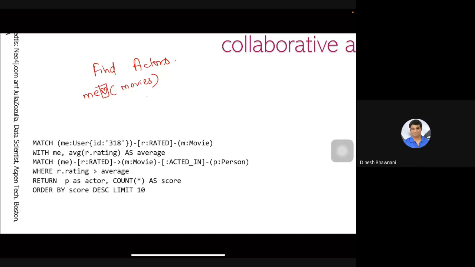And then we are going to sort by number of times particular actor appeared in liked movies.